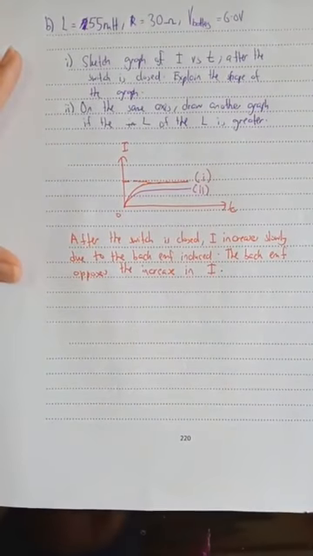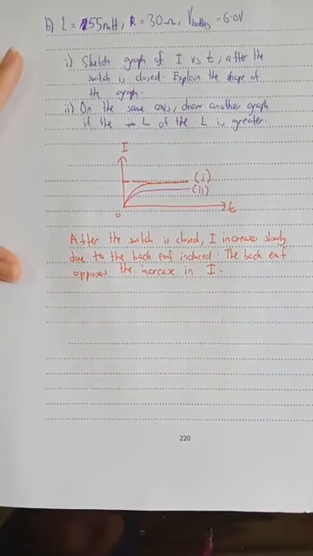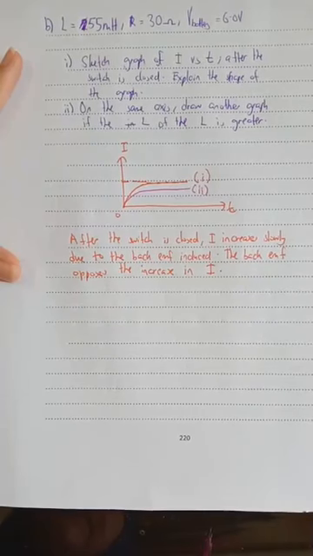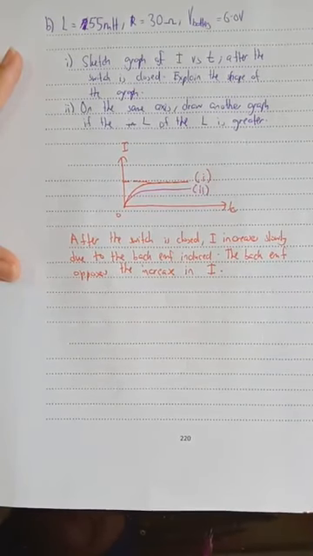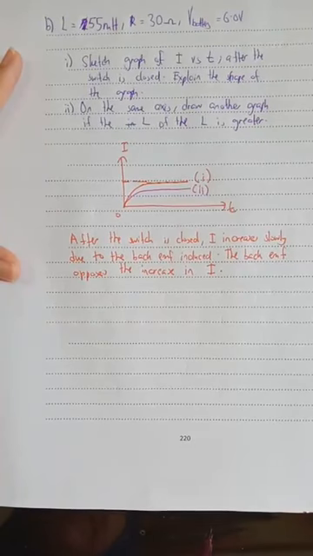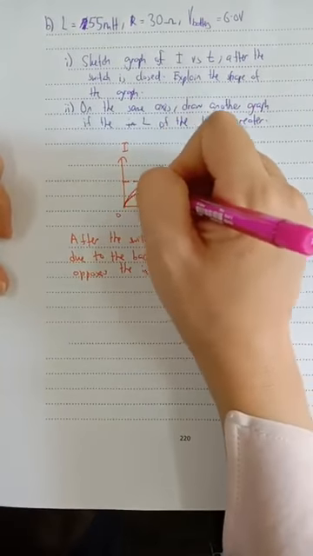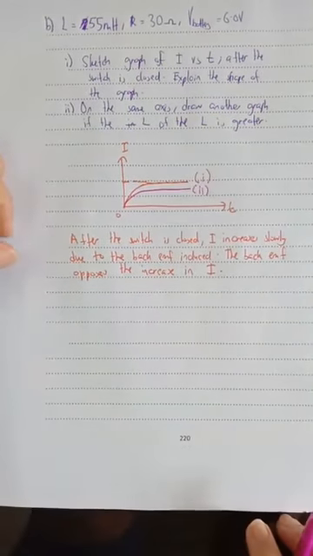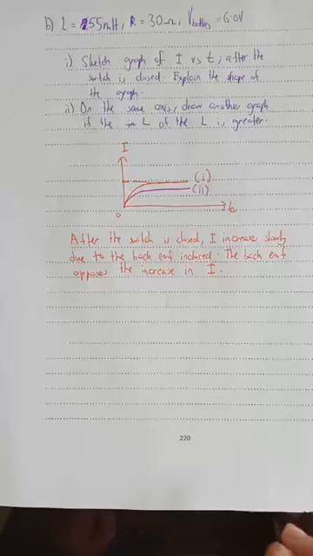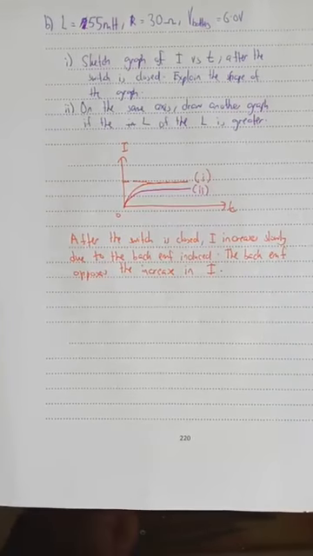As L increases, back EMF also will increase, and we will have a decrease in current. So this is my second graph. Okay, it's lower than the first one.